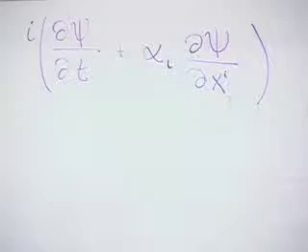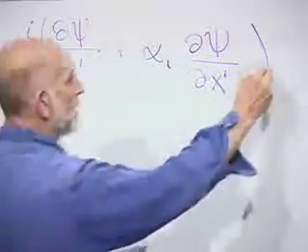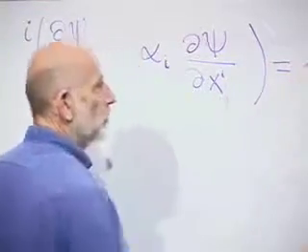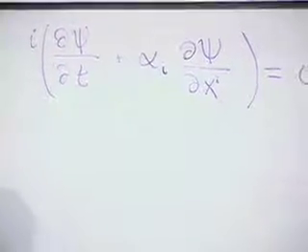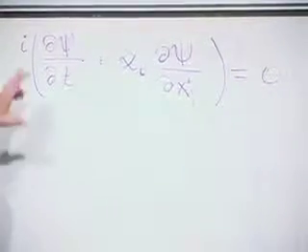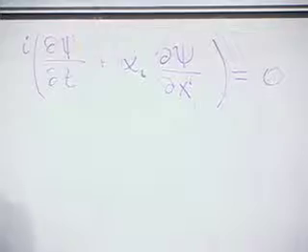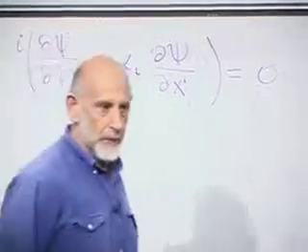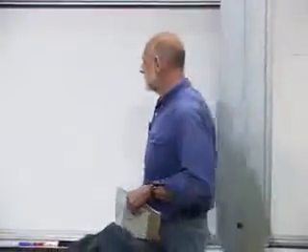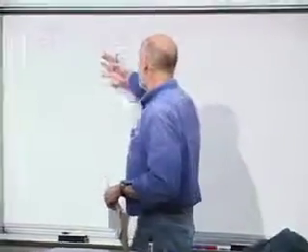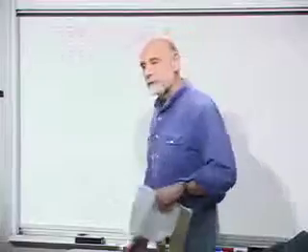This would be the Dirac equation if the particle had no mass. Now, how can you see that? You can see that because the equation only involves derivatives of the field. The whole dynamics of the field only involves derivatives of the field.